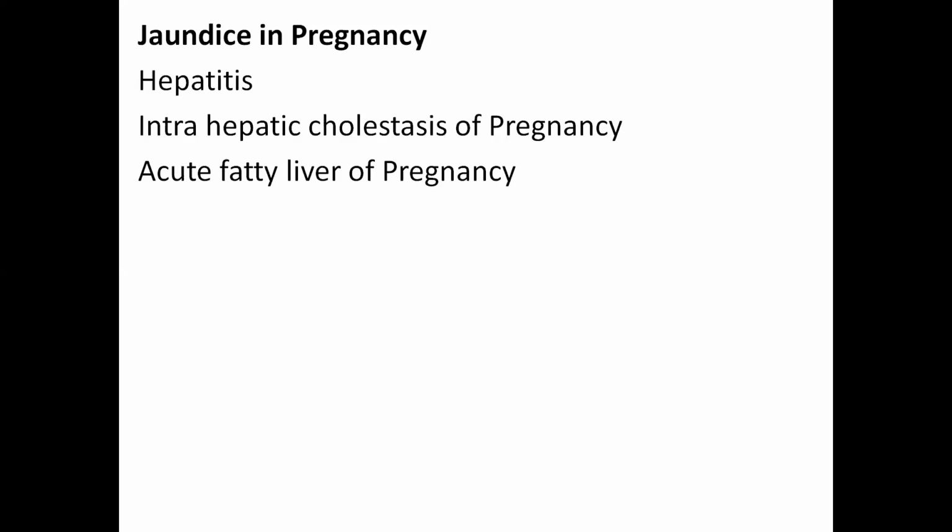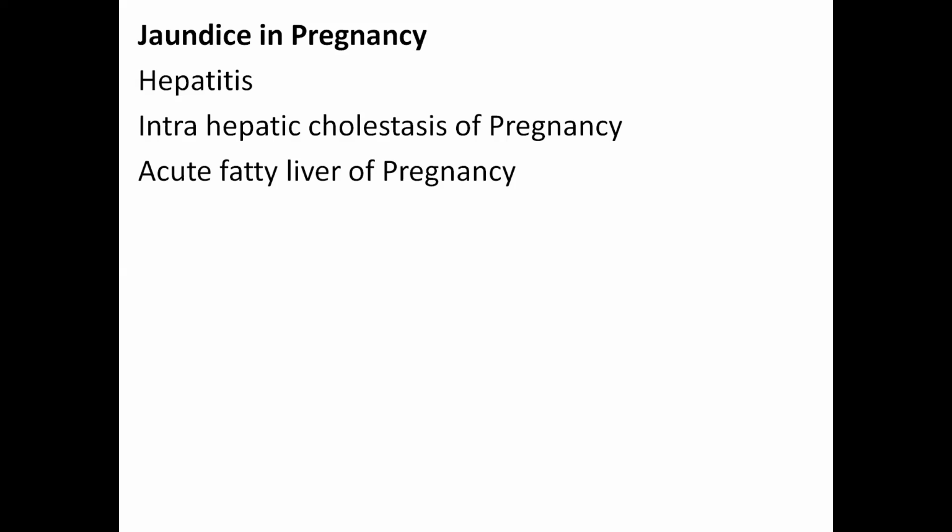Second is intrahepatic cholestasis of pregnancy. That usually occurs in the third trimester of pregnancy. The patient usually complains of pruritus, meaning itching. Investigation shows increased alkaline phosphatase. SGPT is around 300 units per liter, and bilirubin is raised, but it is less than 6 milligrams.